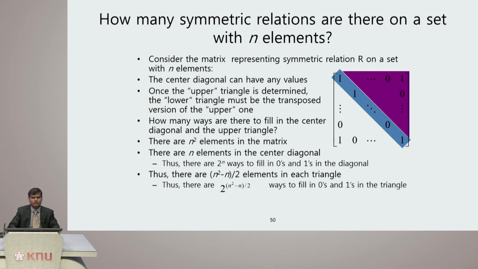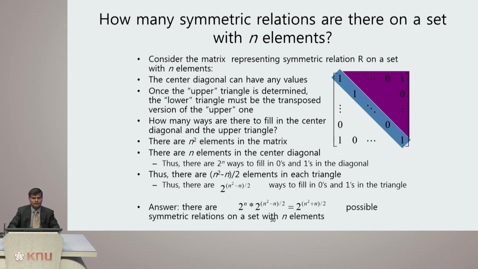Thus you have 2 to the power (n squared minus n)/2 ways to fill zeros and ones in the triangle. So there are different ways, so you can look at these answers. We are not going to prove it. I have just given this as an example for you to check how many symmetric relations there are in a set with n elements. We are not restricting any numbers, but n elements.